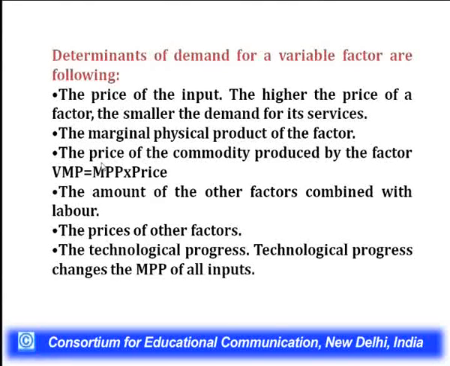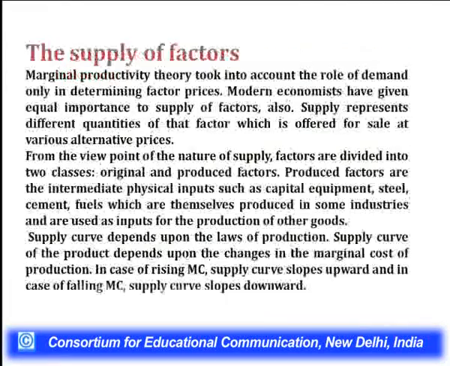Third is the price of the commodity produced by the factor, because VMP is equal to MPP into price. Another one is the amount of other factors combined with labor, the prices of other factors, and technological progress. We know technological progress changes the marginal physical productivity of all inputs.